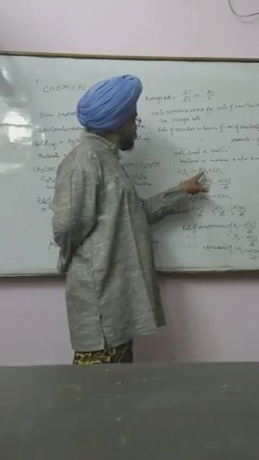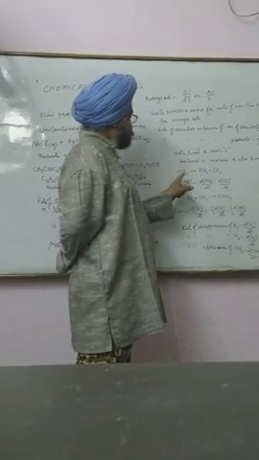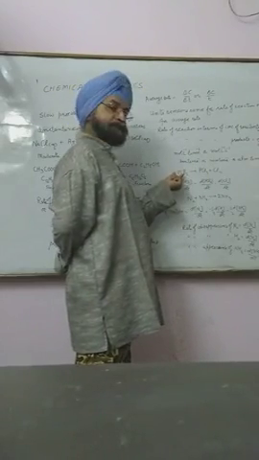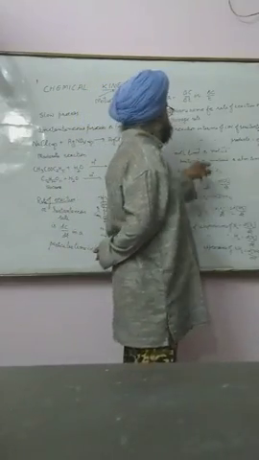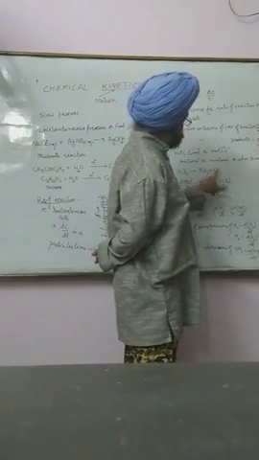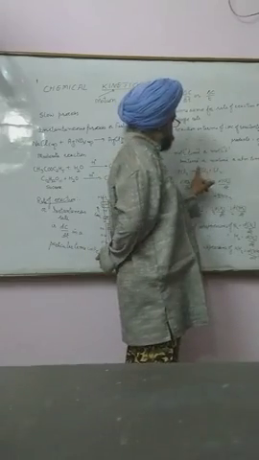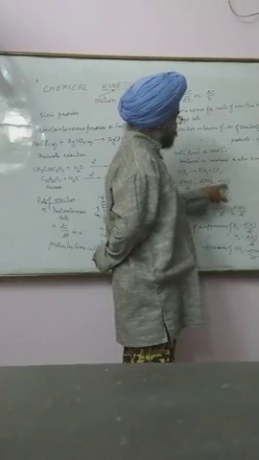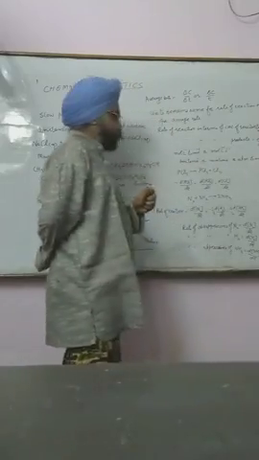This is the same as d[PCl3] by dt, because the stoichiometric coefficients are the same and hence they are equal. But here there is a positive sign. The rate at which PCl3 is formed, at the same rate Cl2 is formed, because they are also in 1:1 stoichiometry, and hence d[Cl2] by dt. This is a very simple equation.